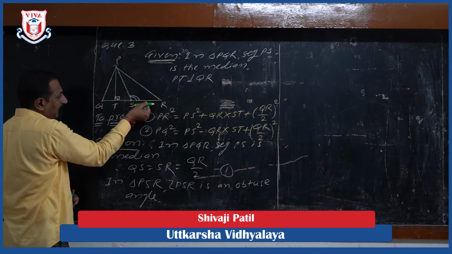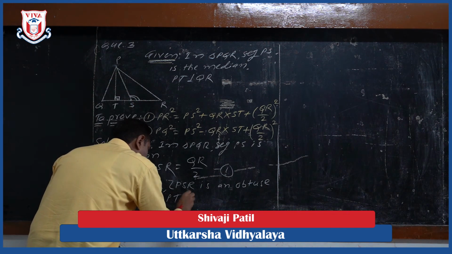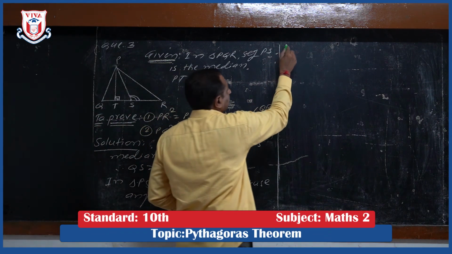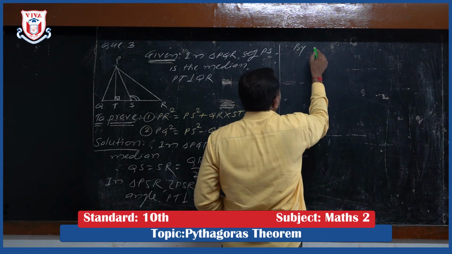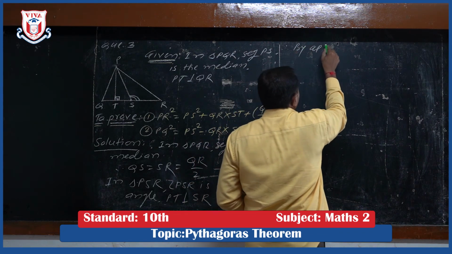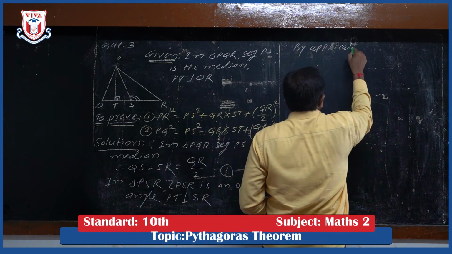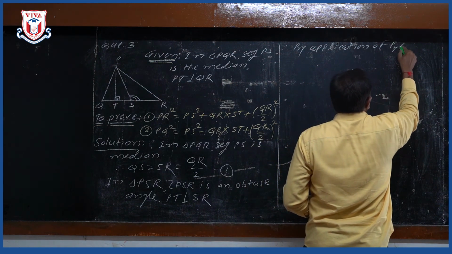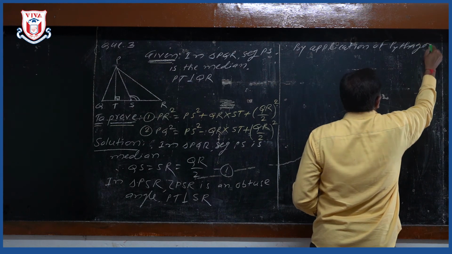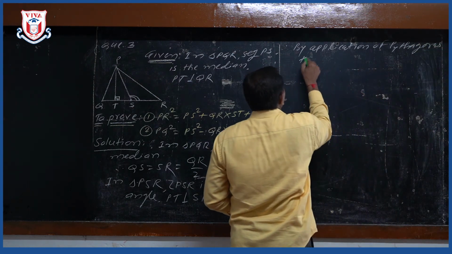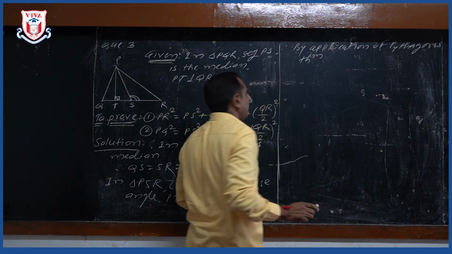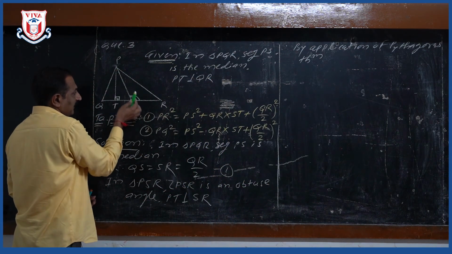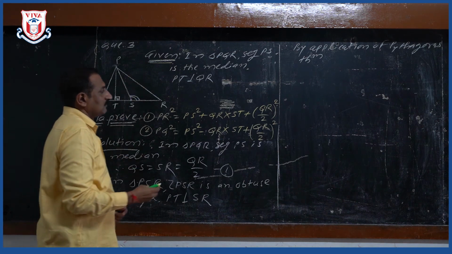Again, PT perpendicular to SR. Therefore, by application of Pythagoras theorem, in triangle PSR, its opposite side is PR.